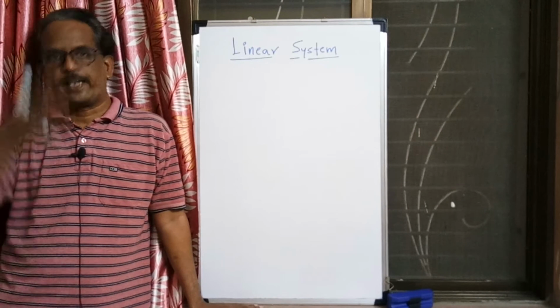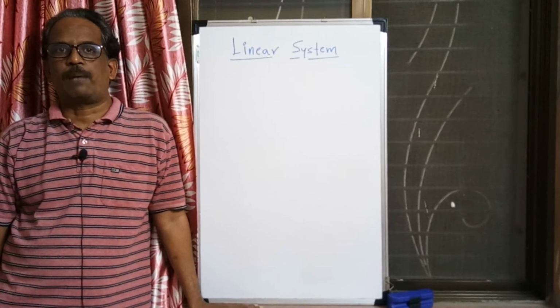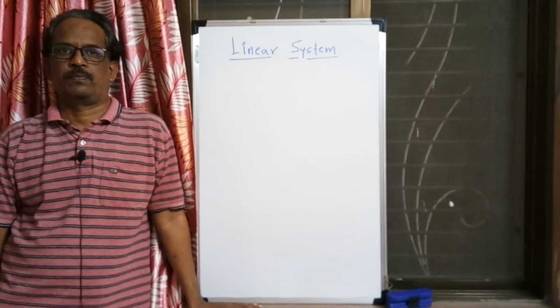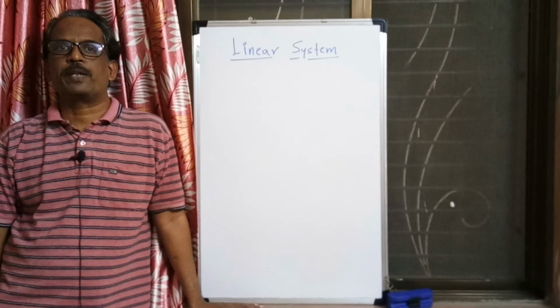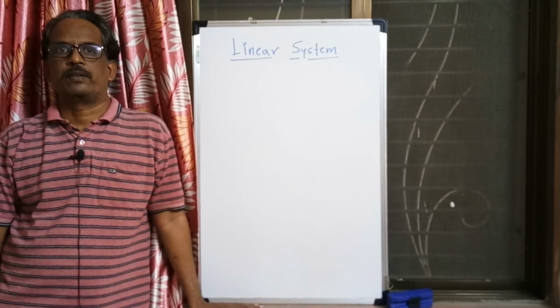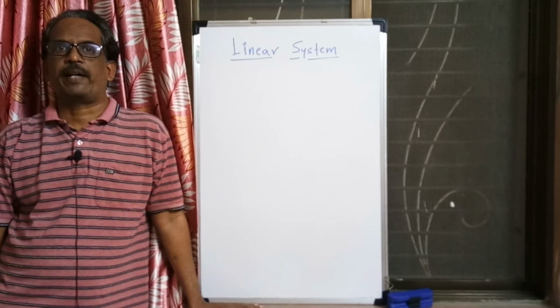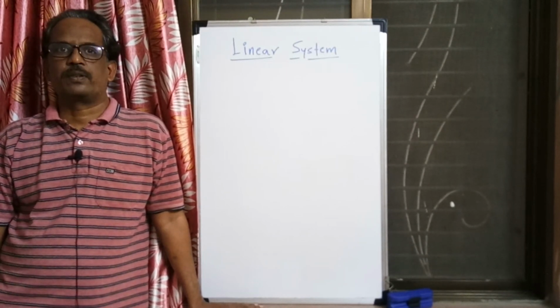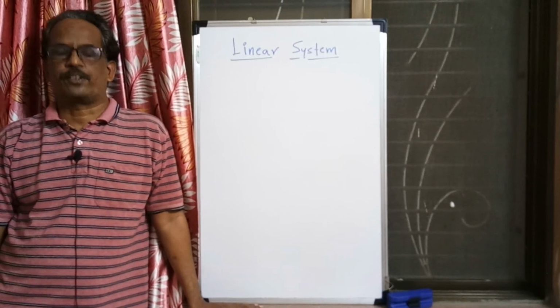Then take the linear combination of these two inputs and apply it to the system. In that case, if the output of the system is the linear combination of the respective outputs for the individual inputs, then it is so simple to show that the system is a linear system.